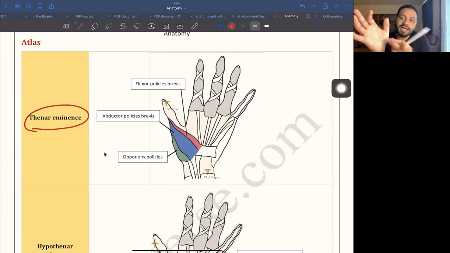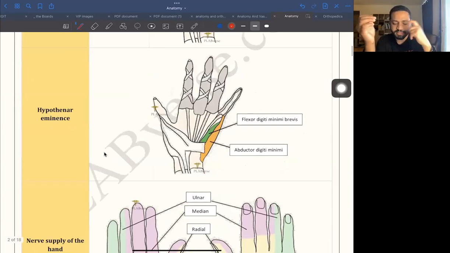Brevis means it's small, with the origin and insertion in this area, but longus will be coming up from the elbow, all right? So you have three muscles here in the thenar eminence, all of them pollicis, and two of them brevis: the flexor brevis, abductor brevis, and opponens pollicis. These are the muscles of the thumb, which is called the thenar eminence.